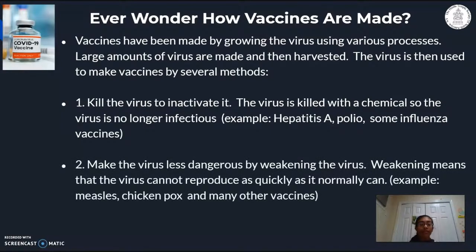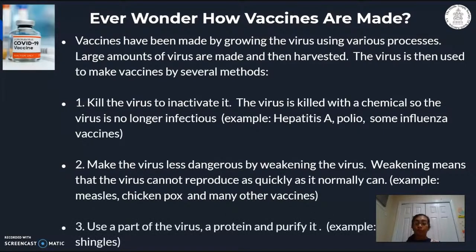The second method is to make the virus less dangerous by weakening it. Weakening means that the virus cannot reproduce as quickly as it normally can. For example, we use this in the measles, chickenpox, and many other vaccines. The third method is to use part of the virus, a protein, and purify it.